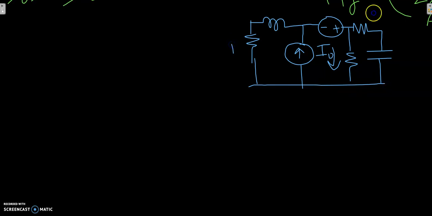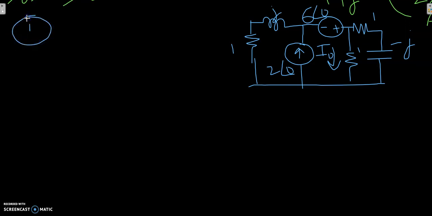This is 1, this is 1, 1, this is j, this is minus j, this is 2 angle 0, this is 6 angle 0. If we are interested in applying Thevenin's theorem for this circuit, we have to find out two things, one being VTH and the second being ZTH.